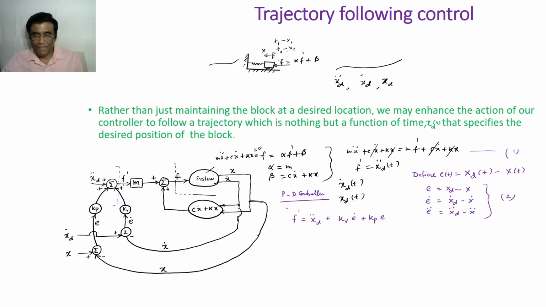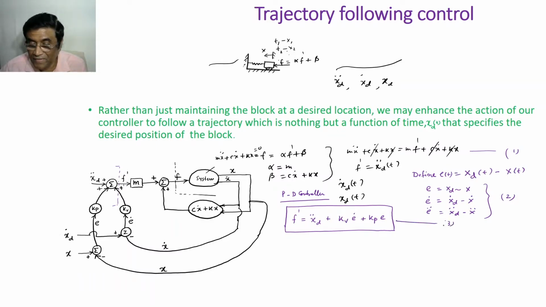So this is my control law which I have designed or defined. I am not getting it from anywhere. I am an artist. So I have defined or designed this control law. And since it is trying to control the trajectory of a unitary mass system, it is as if it is controlling a unitary mass system.